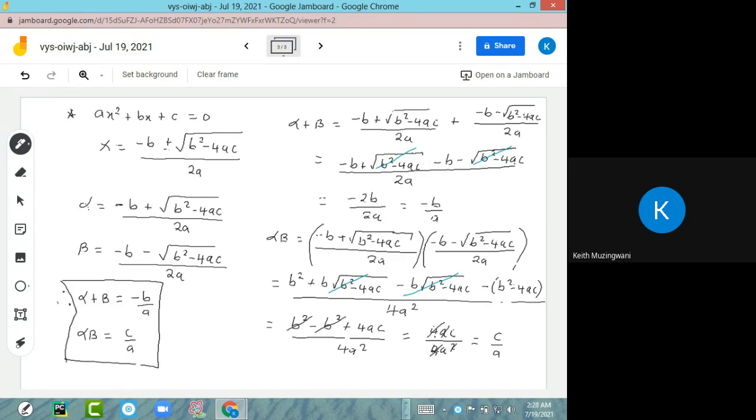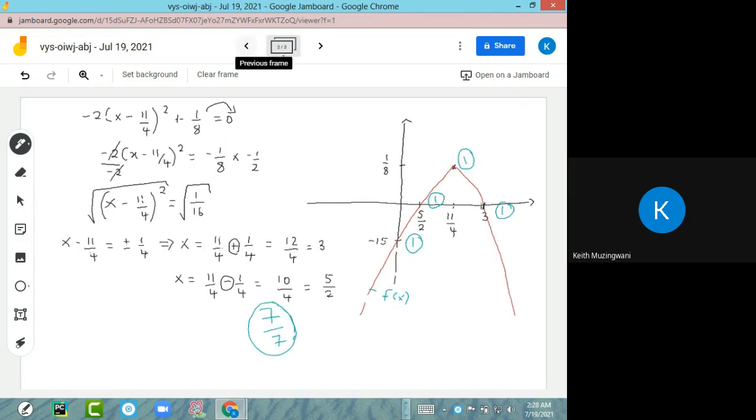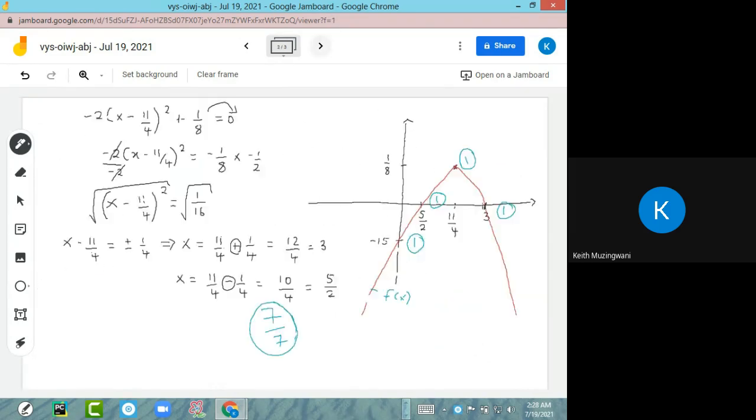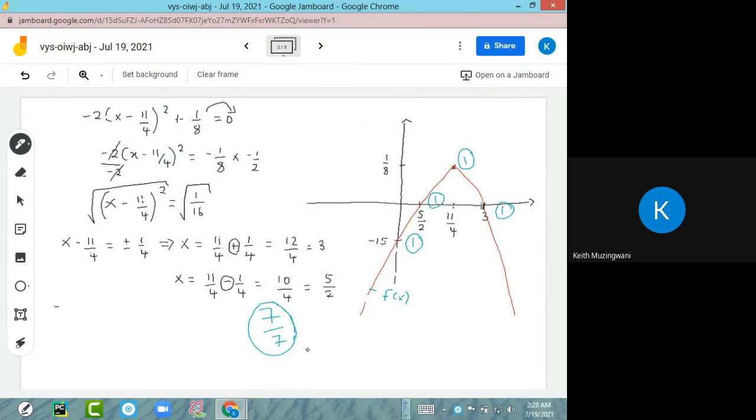Since we have an example here where we are finding the values of x, what was our quadratic? Let's check it. It was negative 2x squared plus 11x minus 15. So we write it somewhere here. Suppose we equate it to 0.